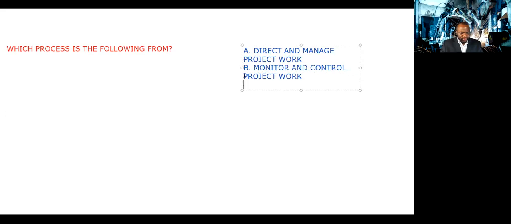And we're going to have a little poll here with A, B, C, and D. A, correct and manage project work. B, monitor and control project work. C, control quality. D, validate scope.